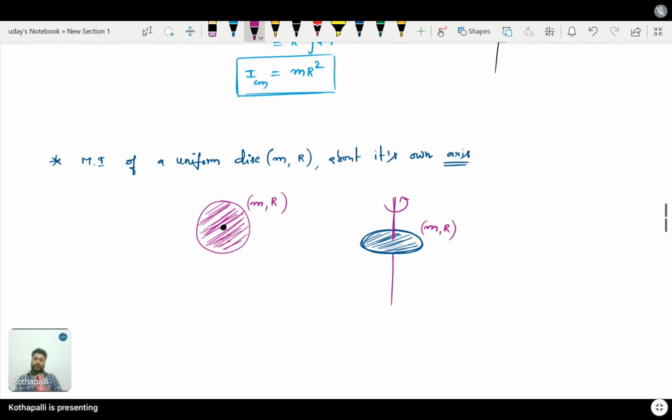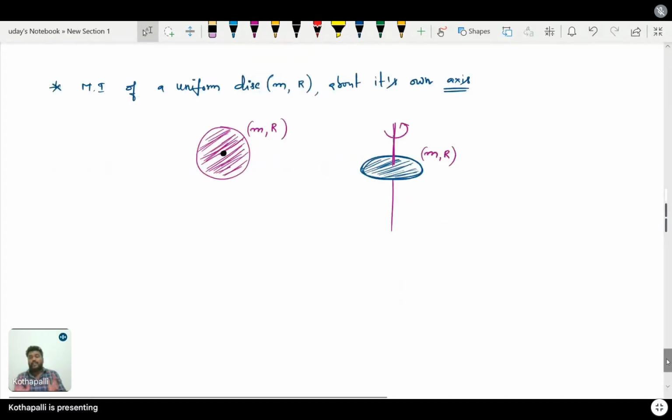So logically, same integration formula we need to apply, but here the approach of integration will be a little different. What I'll do now, I'll take this disk as a combination of rings because I have the information of moment of inertia of a ring about its own axis.